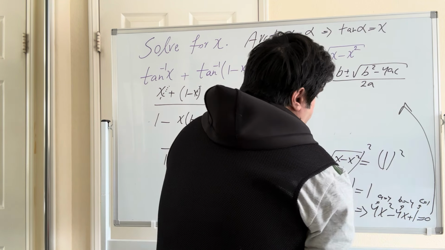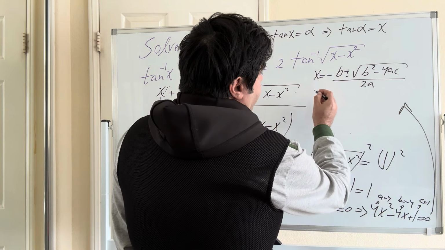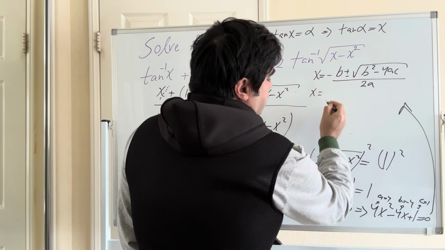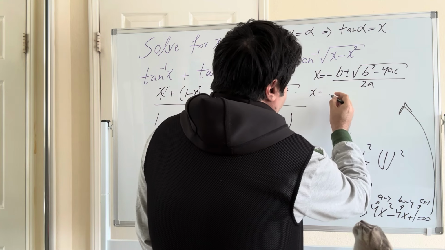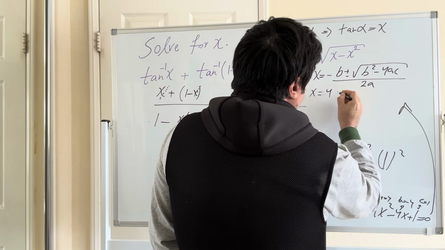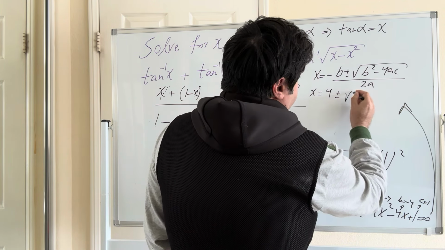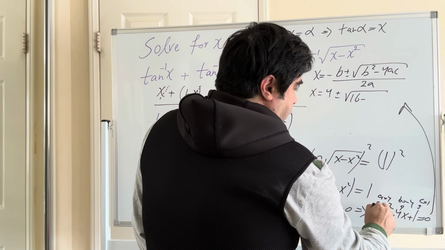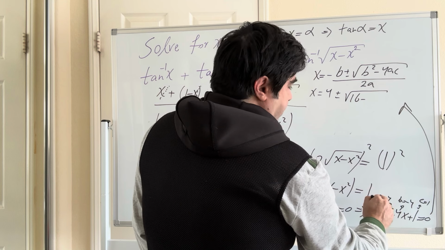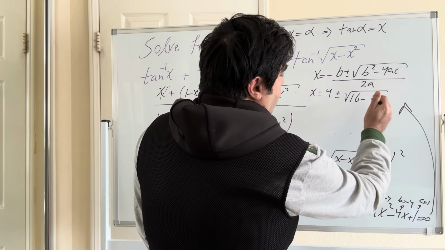All right. So I'm going to substitute these. So b is negative 4, times negative is going to be 4, plus or minus the square root of b squared, which is 16, and then 4 times 1 is 4, and then times 4 is 16.